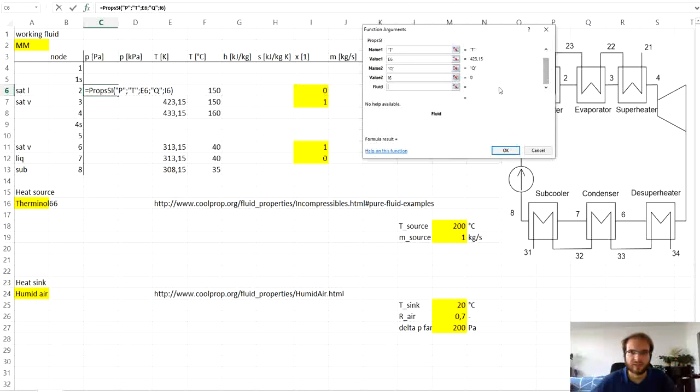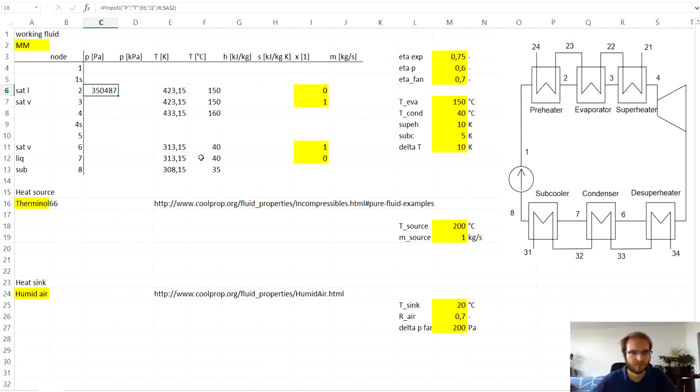And the last thing we need to have specified is the working fluid. And let's log this value. So the function goes like this: props SI, output would be pressure with input temperature at this cell, and quality at the cell over here, and the working fluid in here.